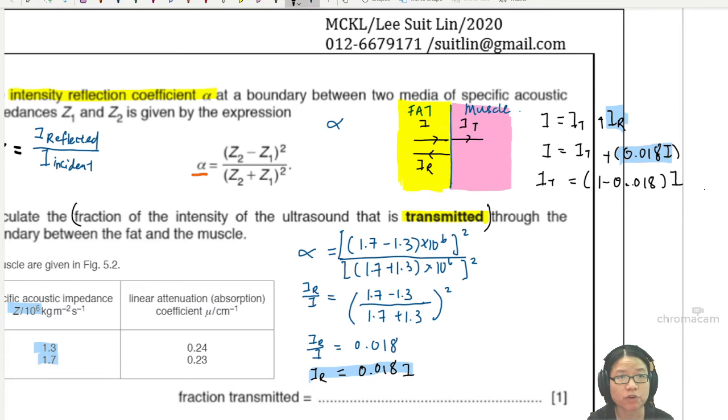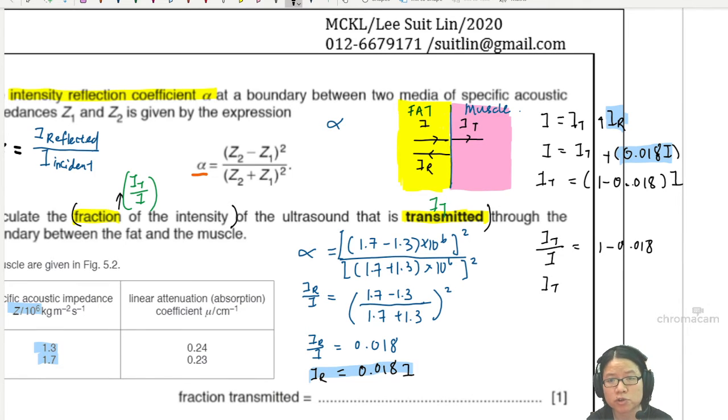Again, if you are fast, you can immediately tell that now IT over I, you bring the I over to divide, because this is the fraction that they want. The fraction of transmitted ultrasound is the ratio of IT over I. This is what they want. So we have IT over I now because we can just bring over and minus. So it will be 1 minus 0.018.